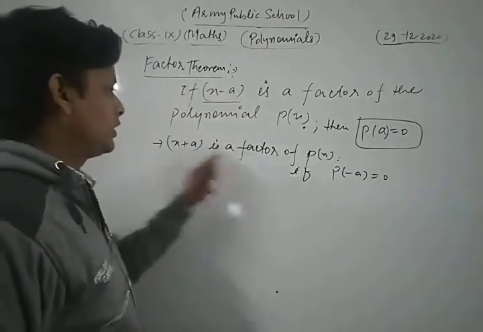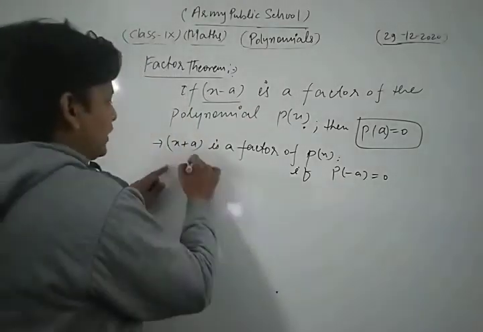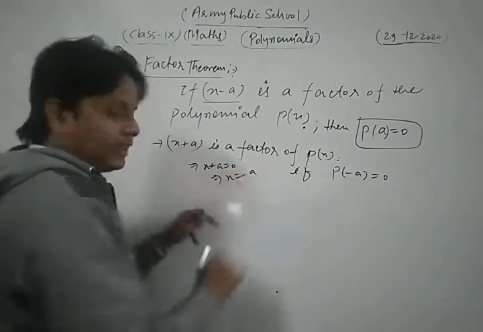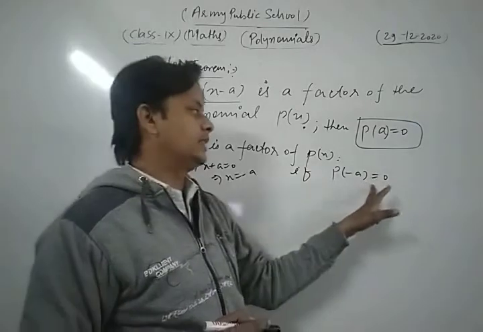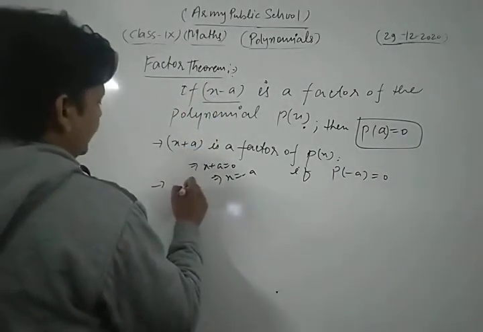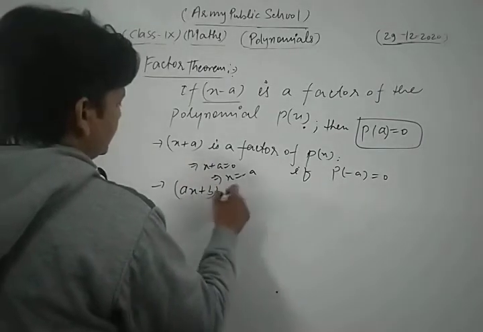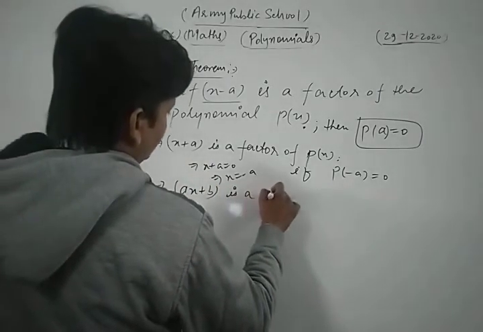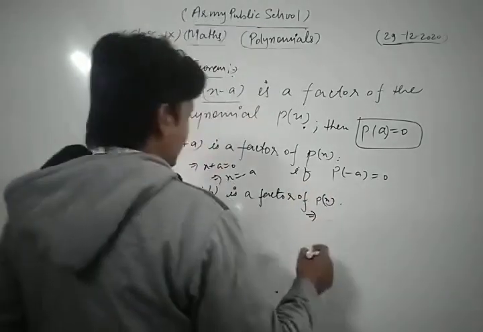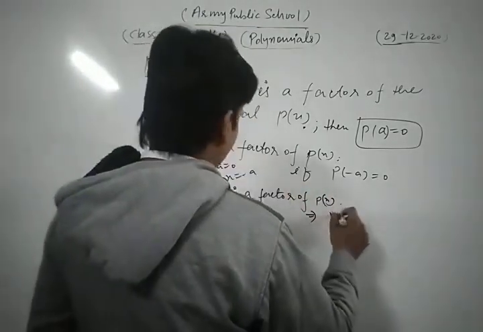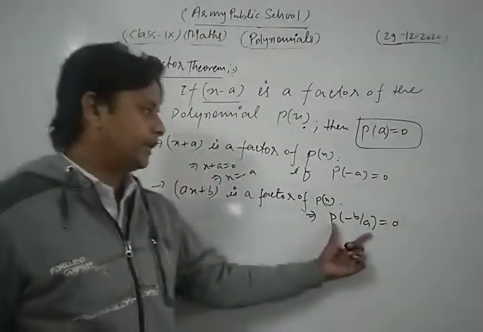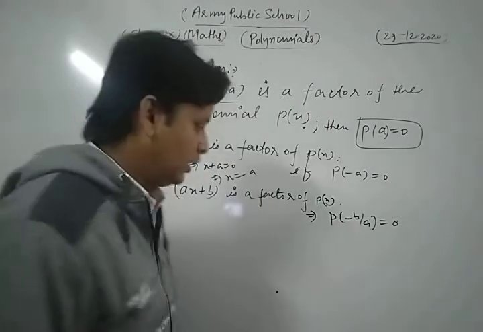We just replace x by minus a, because first of all we take x plus a equal to 0, that is x is equal to minus a, so p of minus a must be equal to 0 according to the factor theorem. Similarly, if ax plus b is a factor of the polynomial p of x, then and only then p of minus b by a must be equal to 0.